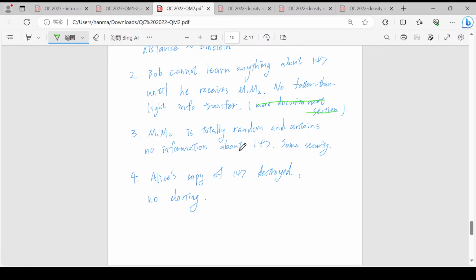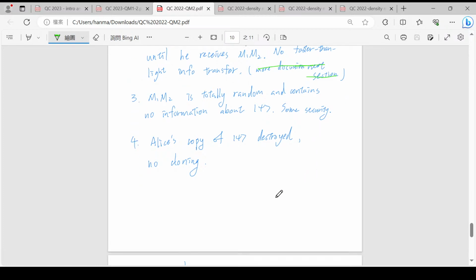If you study cryptography, there are protocols built on these quantum phenomena, like secret sharing, but that's out of the scope of this class. For now, we just know that we have this interesting effect.